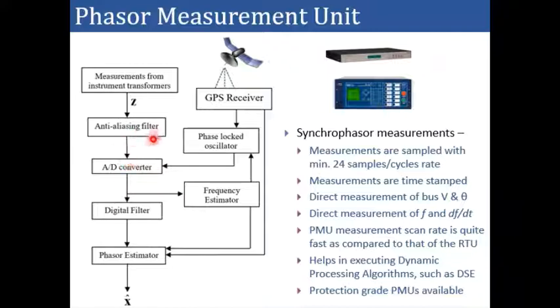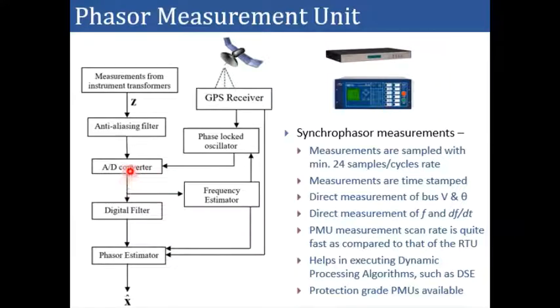Then after the anti-aliasing filter we use an A to D converter, that is, analog to digital converter. Here the GPS receiver will take the 1 PPS signal from the satellite, and using a phase locked oscillator we will generate the impulse train at a certain frequency, which will convert the analog data into a digital format.